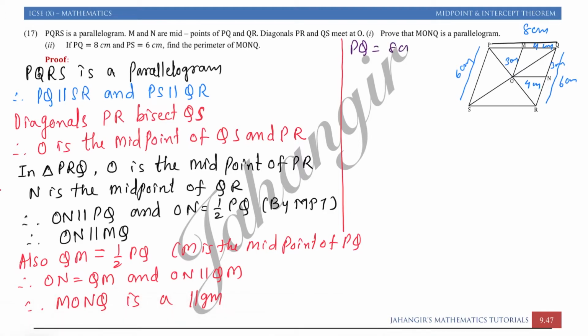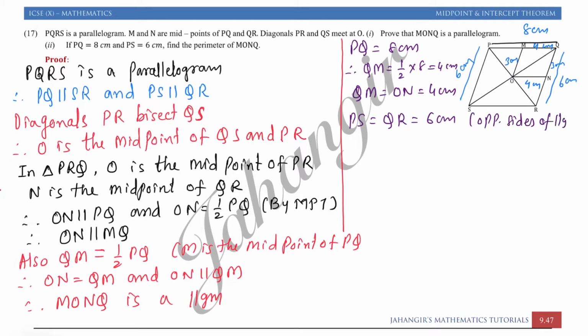We can find perimeter. So now we will write all steps. PQ is equal to 8 centimeters. So therefore QM is equal to half into 8, that is 4 centimeter. Now QM is equal to ON, that is equal to 4 centimeter, because they are opposite sides of a parallelogram. You can write it down as reason. Same way, PS is equal to QR is equal to 6 centimeter, opposite sides of parallelogram.